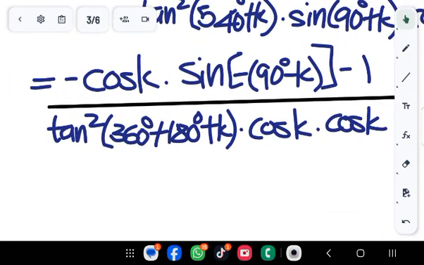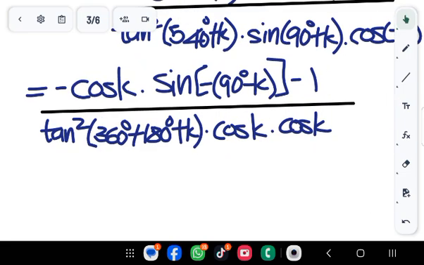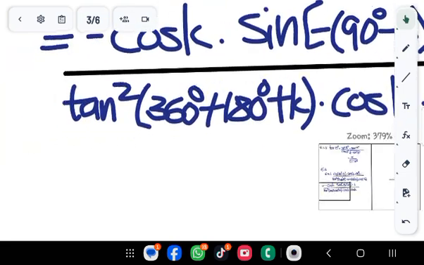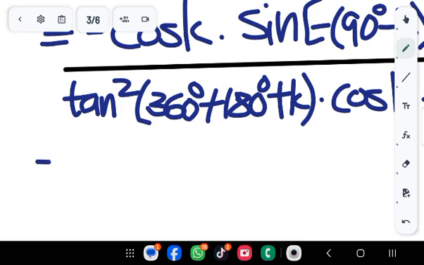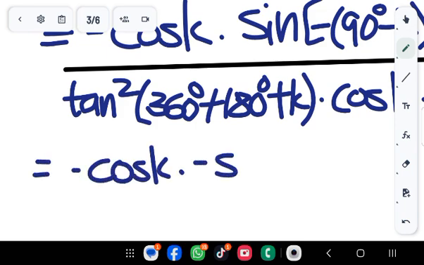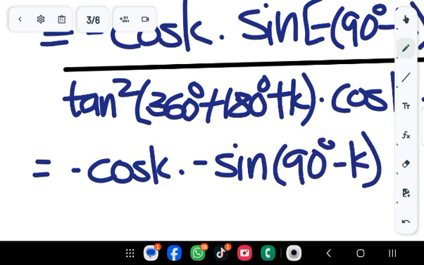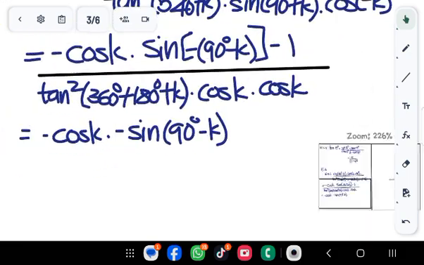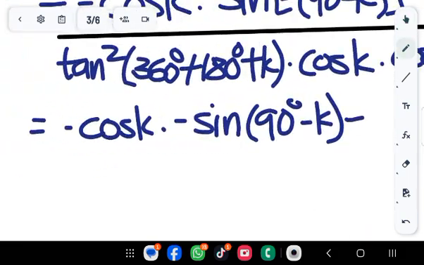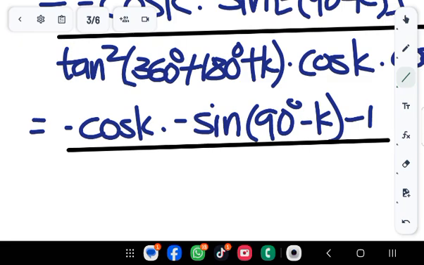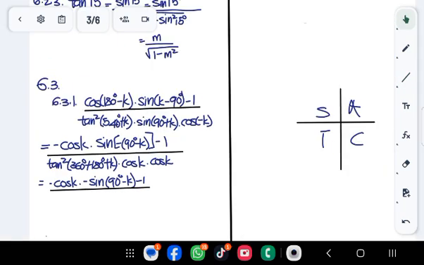Negative cos of k. Sine of negative 90 degrees minus k: the sine of a negative anything is negative, so that will be negative cos of k times negative sine of 90 degrees minus k, minus 1, over tan of 360 plus 180.